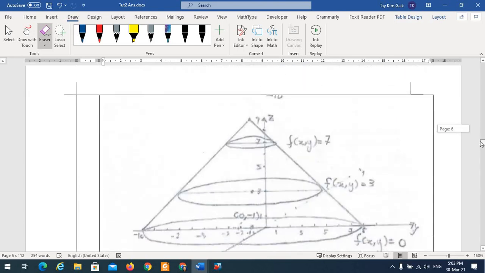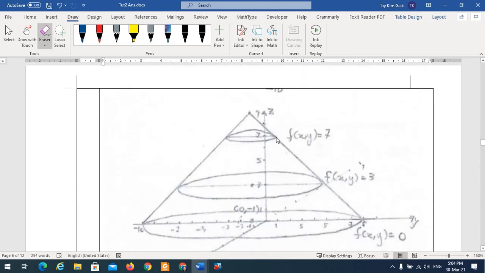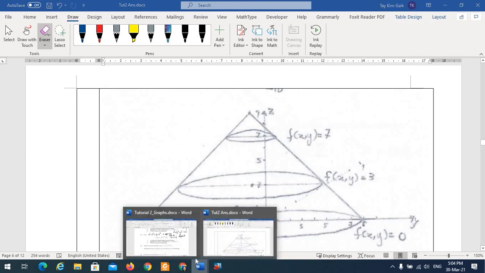So this is z equal 7, z equal 3, z equal 0, and this is a lower cone, not a paraboloid.